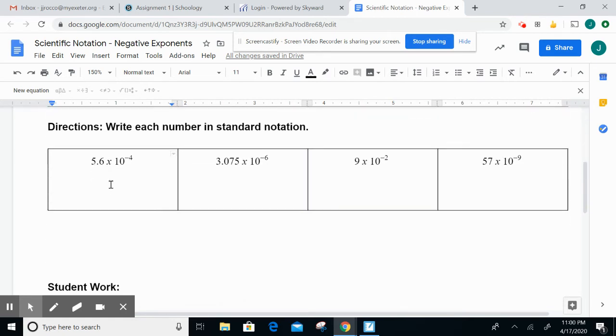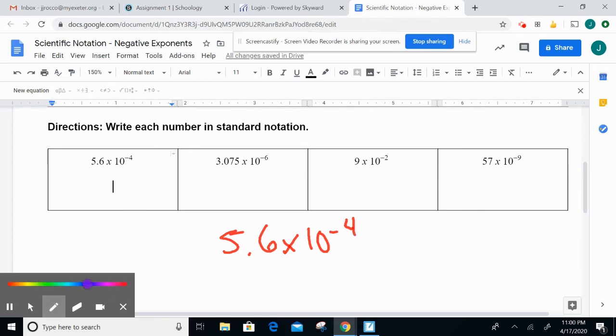All right, so let's go ahead and do this then. I'll use the pen here. So 5.6 times 10 to the -4. When it's negative, it's going to be a really small number. So rather than move the decimal to the right, we're going to move to the left. We're going to move it 1, 2, 3, 4.